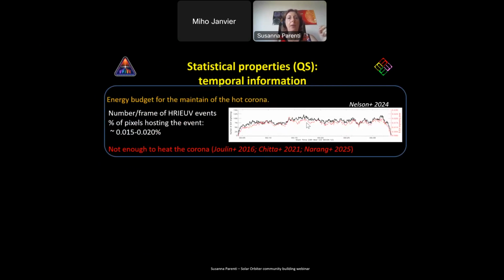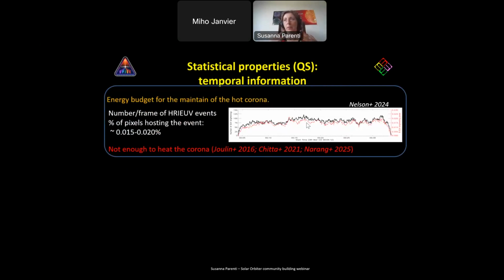Okay, statistical work can also be done to provide temporal information. This is, for instance, in the context of corona heating. So we have this theory of nanoflares or picoflares or whatever that may heat the corona.